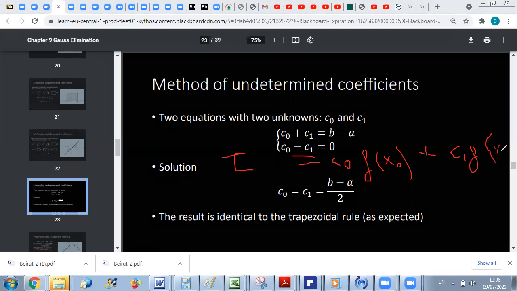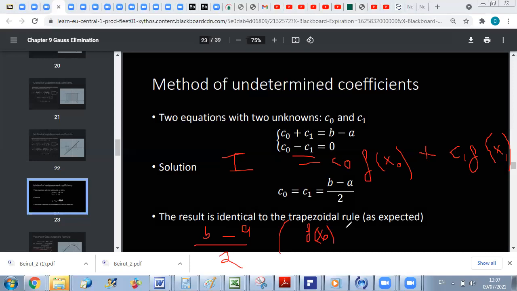And now, if you just replace your values of C0, C1, and x0, x1, so first for C0, it is b minus a over 2. And also C1 is b minus a over 2. So you can take b minus a over 2 into factor, times what? Times the summation of f x0 and f x1, which are here the endpoints of my interval.